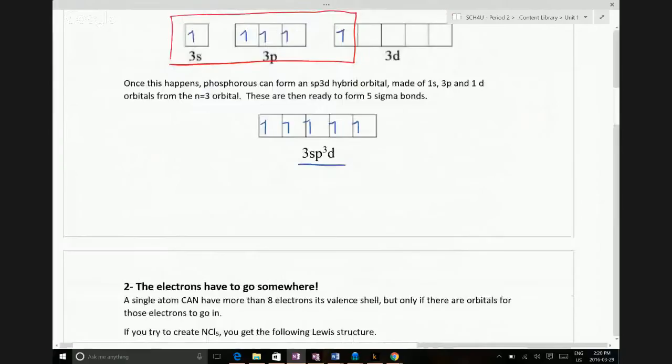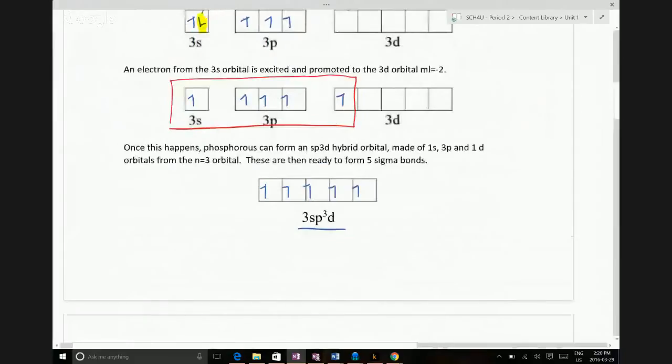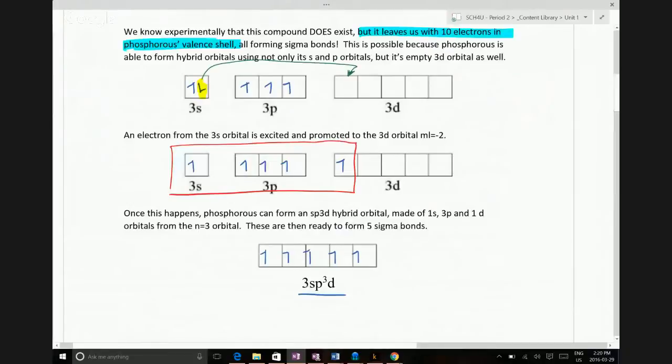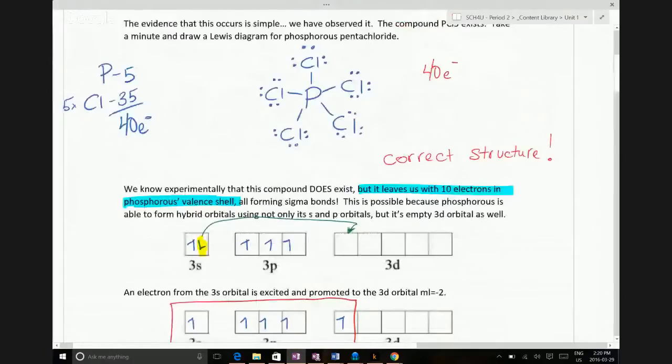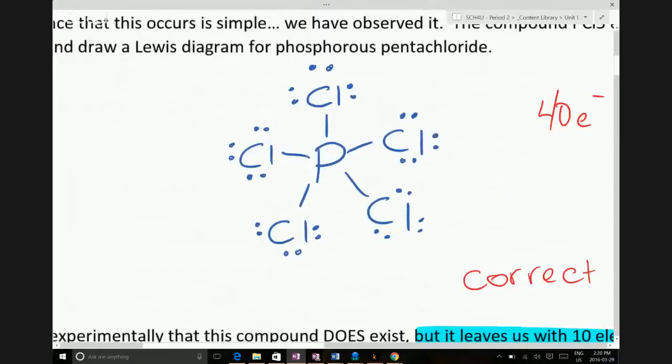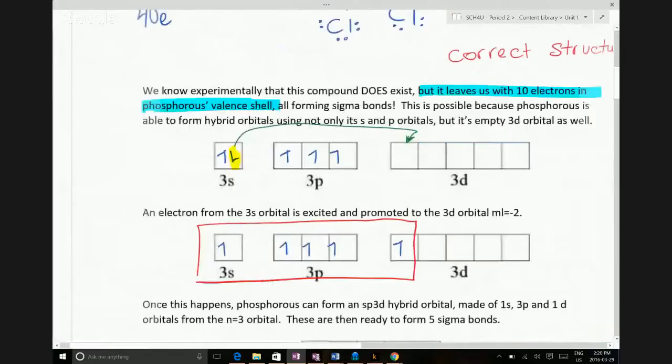And once this happens, of course, phosphorus is ready to make 5 sigma bonds, because each of those orbitals has 1 electron in it, which means each of those can make a sigma bond. And that is indeed exactly what we find here. We have phosphorus making 1, 2, 3, 4, 5 single bonds.